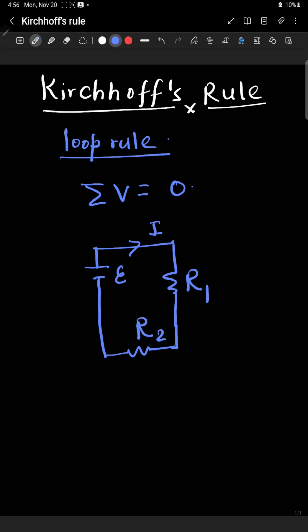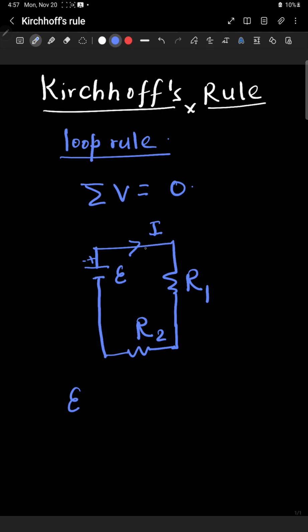According to the loop rule, the sum of the potential differences across the components will be 0. If you move from here to here, you get positive E. If you go in the opposite direction, from positive to negative, the voltage across the battery will be negative. In this direction it will be negative E, and in this direction it's positive.